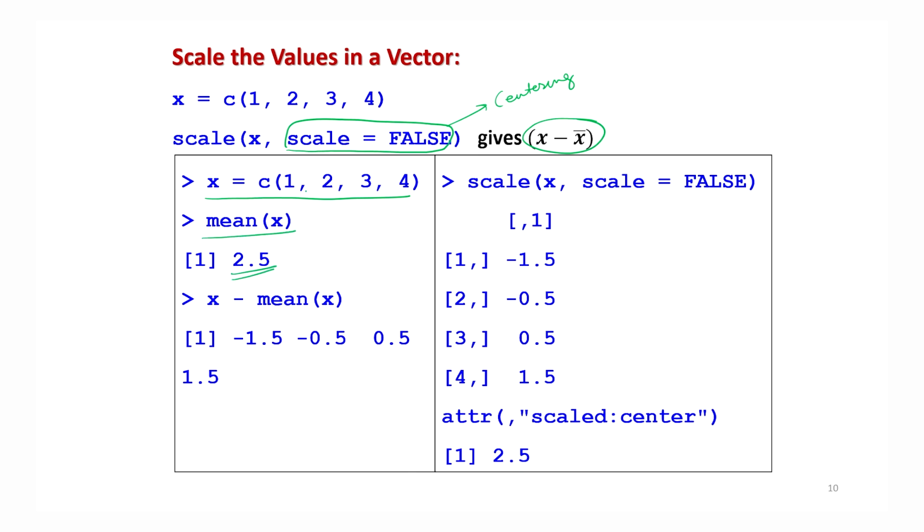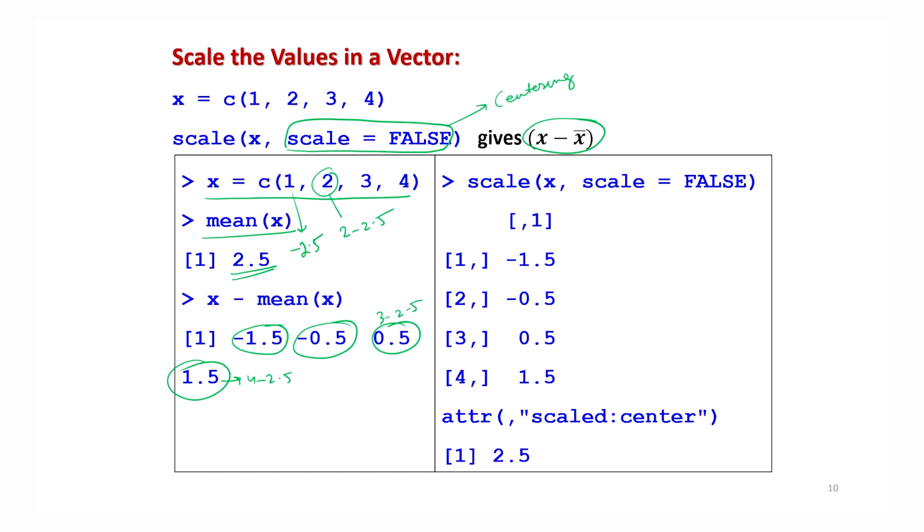So if I subtract 2.5 from each of the data, 1 minus 2.5 will be minus 1.5, right? 2 minus 2.5 will be minus 0.5. Similarly 3 minus 2.5 is 0.5, and 4 minus 2.5 is 1.5. So every observation has been subtracted by its mean.